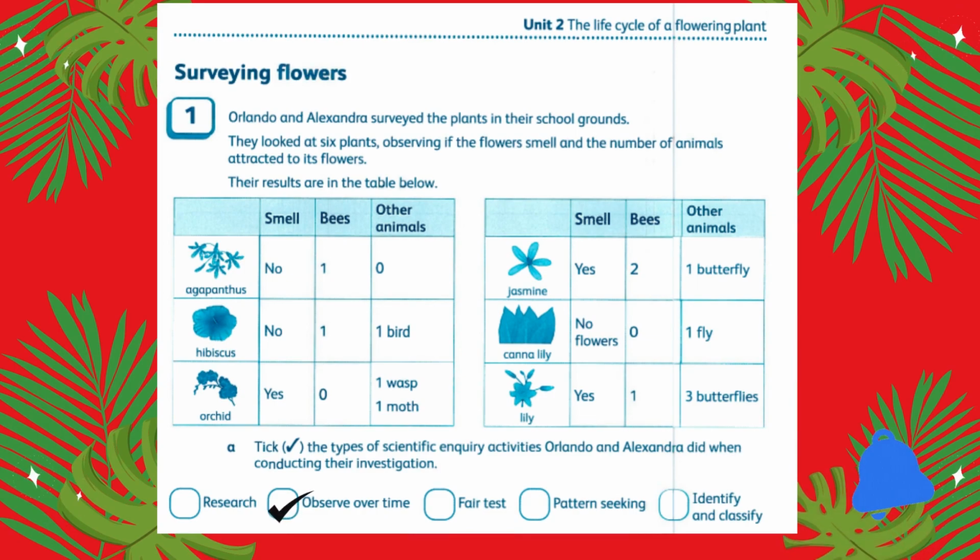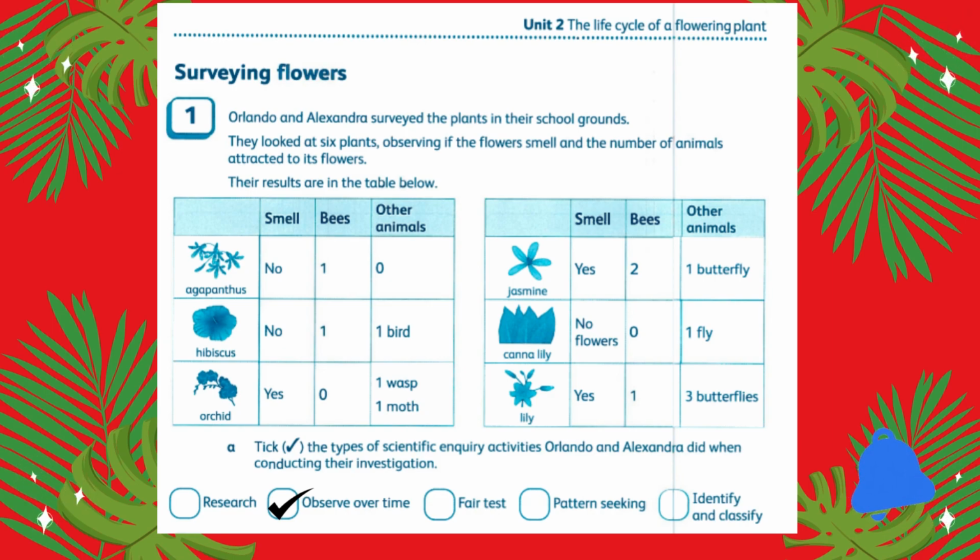Now, surveying flowers. Orlando and Alexandra surveyed the plants in their school grounds. They labeled six plants, observing if the flowers smell and the number of animals attracted to the flowers. The results are in the table below. Agapanthus, no smell.